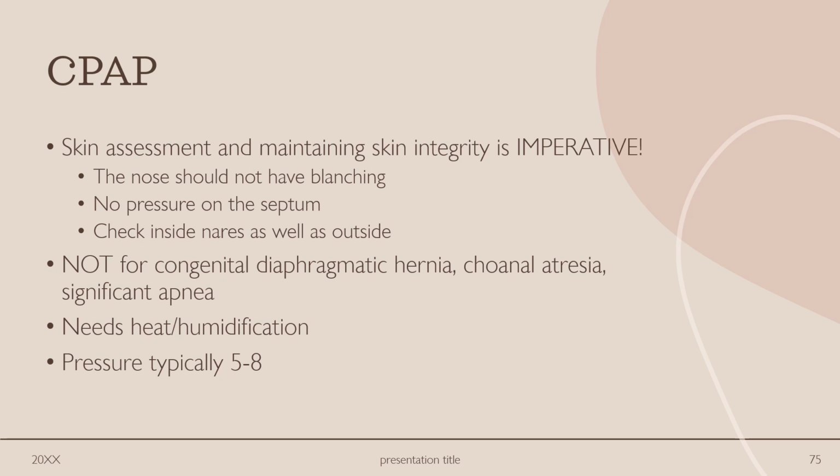Babies with choanal atresia, CPAP will not work on those babies. And babies with significant apnea, CPAP doesn't do you any good if you're not taking breaths. The circuit needs to be humidified and heated. We have a lot of water loss through our respiratory system. And typically the pressures are between 5 and 8.